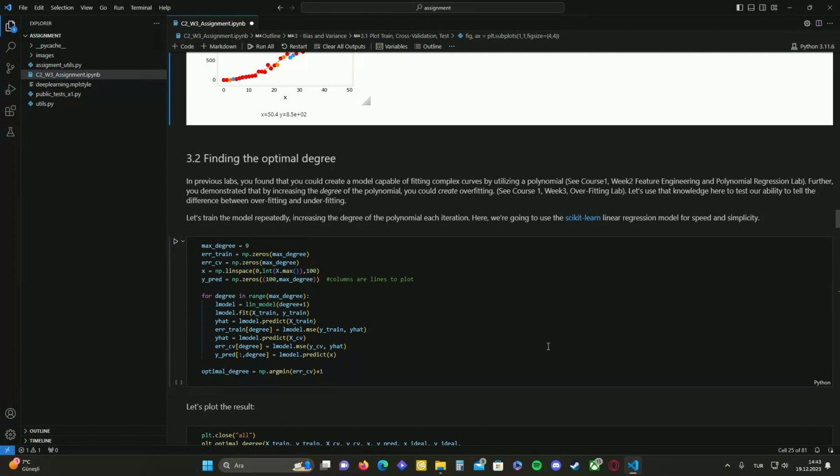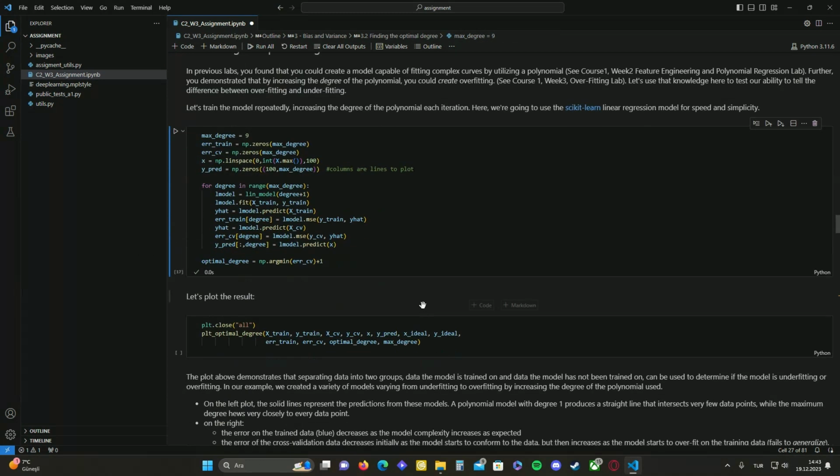Let's use that knowledge here to test our ability to tell the difference between overfitting and underfitting. Let's train the model repeatedly, increasing the degree of polynomial each iteration. Here we are going to use the scikit-learn linear regression model for speed and simplicity. Let's plot the results.